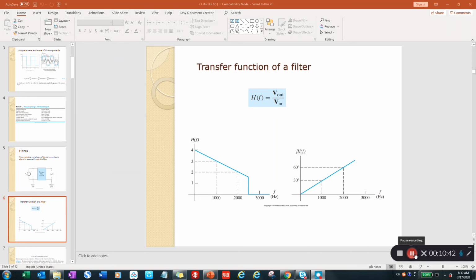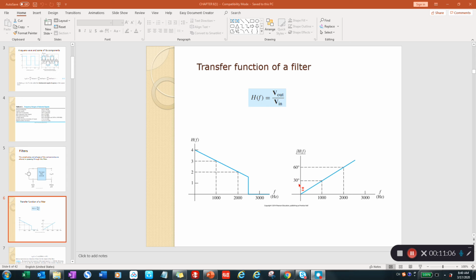At the same time, when your signal passes through the filter, the phase angle also changes. So here you can see this graph shows the phase angle changing with frequency. If your frequency is 1000, then the phase angle will be 30 degrees.